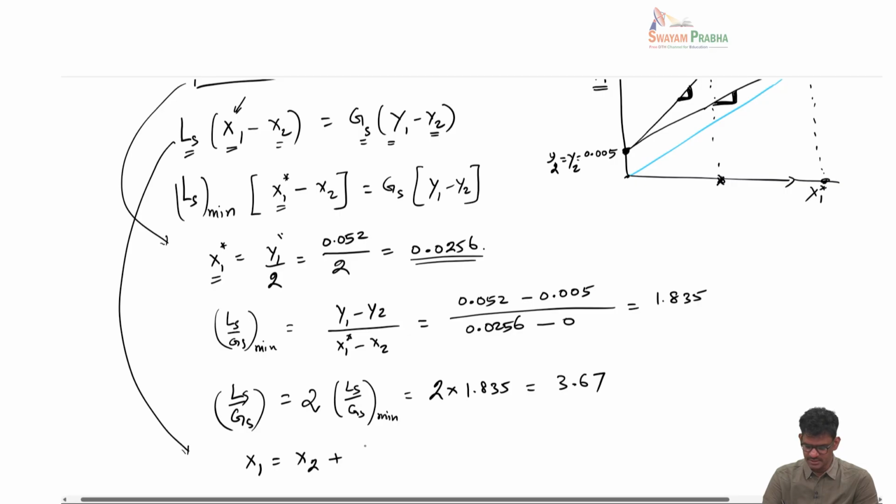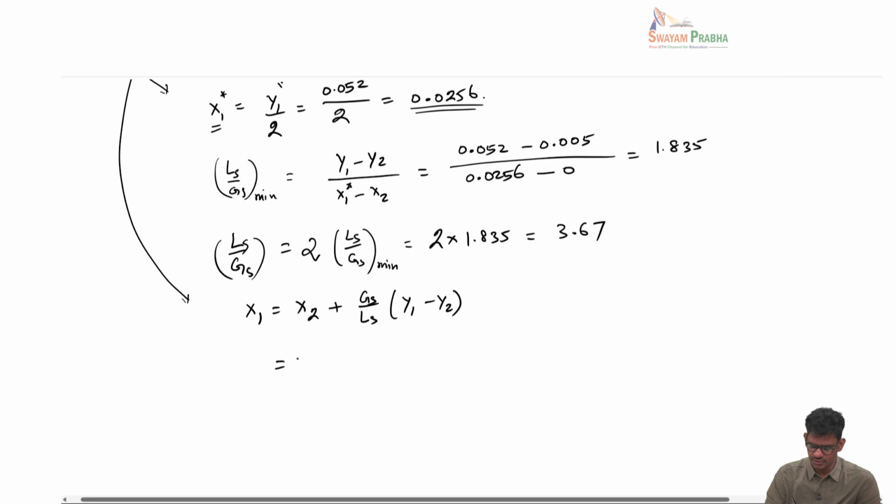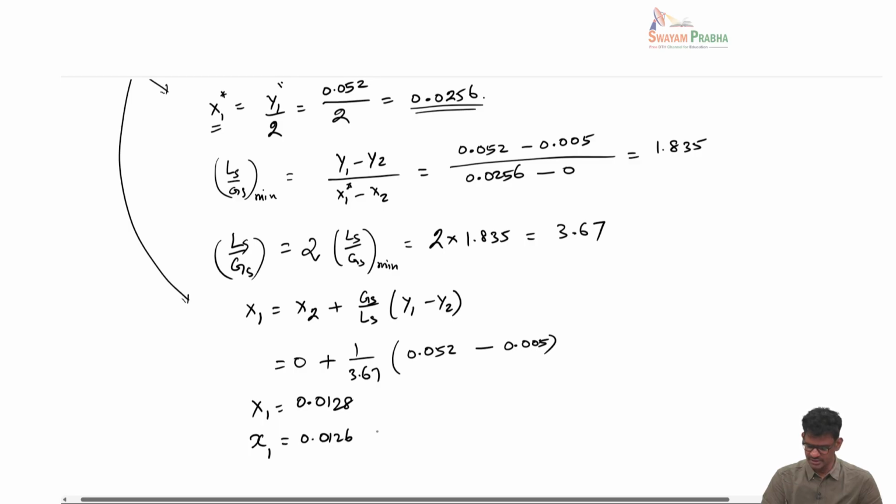This will be x2 plus Gs by Ls into y1 minus y2. x2 is 0 because it is pure water, and Gs by Ls will be 1 by 3.67, y1 is 0.052, and y2 is 0.005. So x1 will be 0.0128, and if you write it in terms of mole fraction, this becomes 0.0126, or 1.26%.